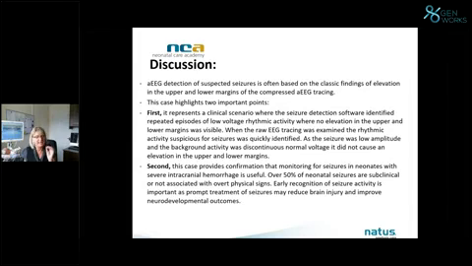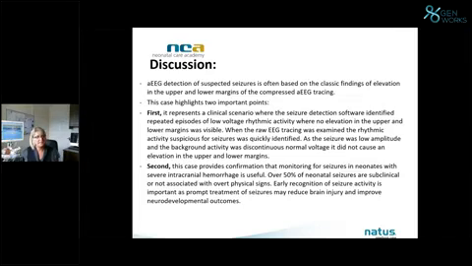You couldn't really see it on the AEEG, but it was visible in the raw EEG, and the seizure detection software captured that very quickly. It's partly because these seizures were very low amplitude, and the background activity before the seizures was discontinuous and didn't cause an elevation in the upper and lower margins.